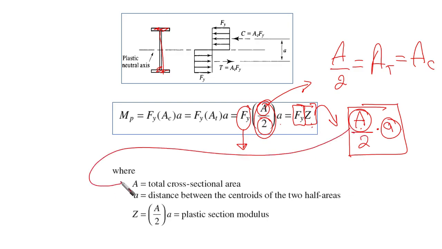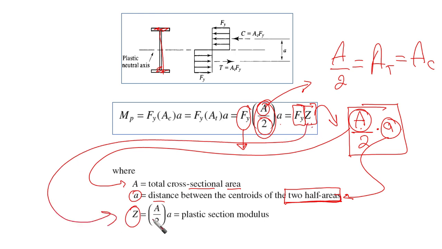We have A, which is the total cross-sectional area, and small a, which is the distance between the centroids of the two half areas. And Z, which is half of the area times the distance between the two forces, we are going to give the title plastic section modulus. This is the name of it.